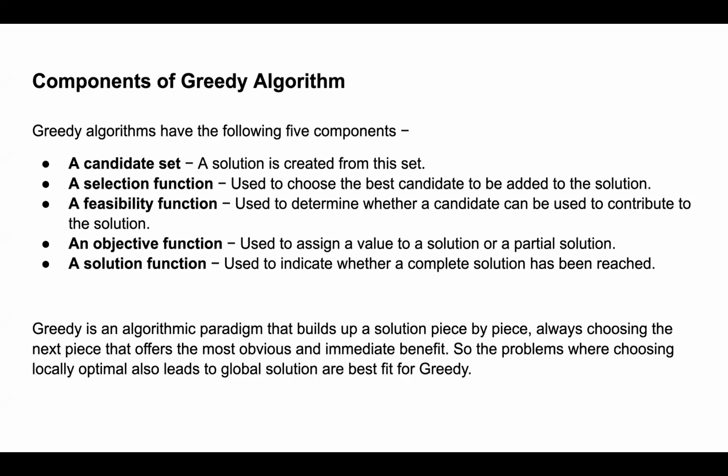Some selection criteria will be applied, and the next part to be added to the solution will be chosen. With the help of the feasibility function or feasibility criteria, we will see the maximum profit for that state to be added.